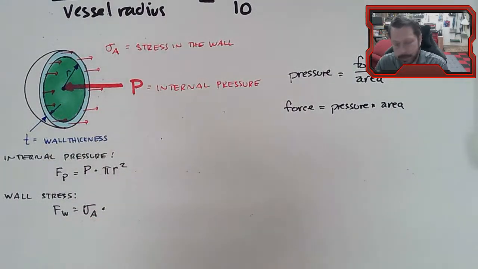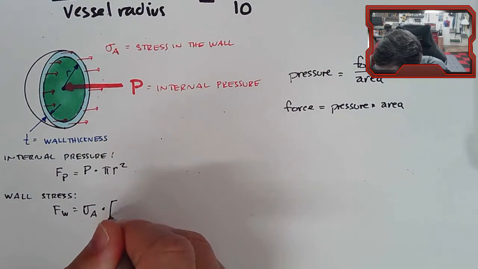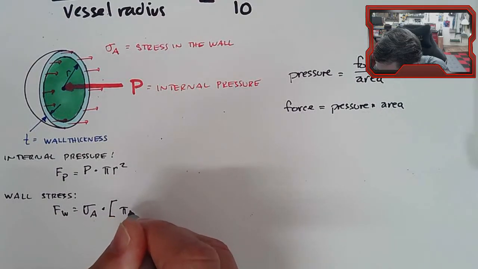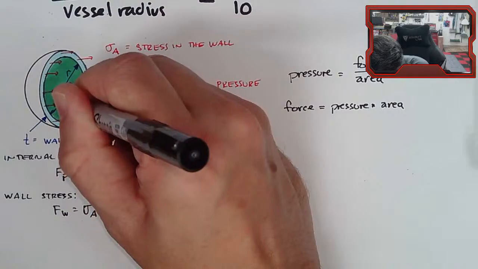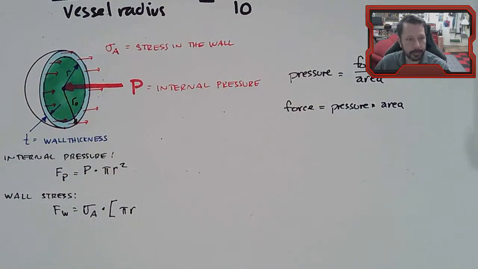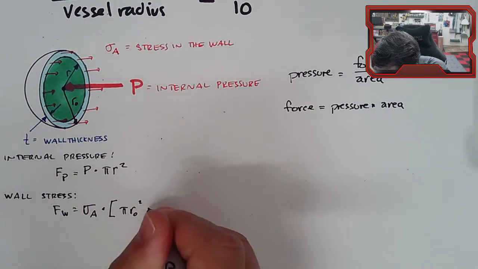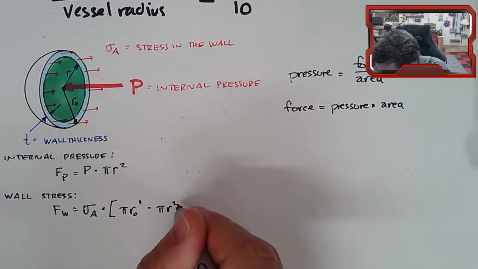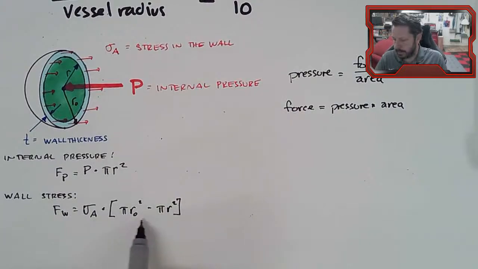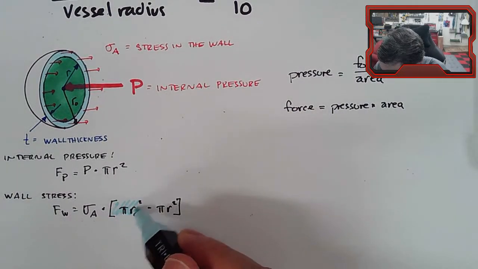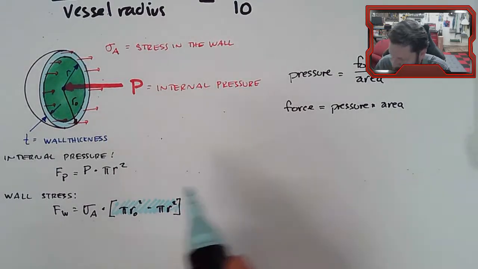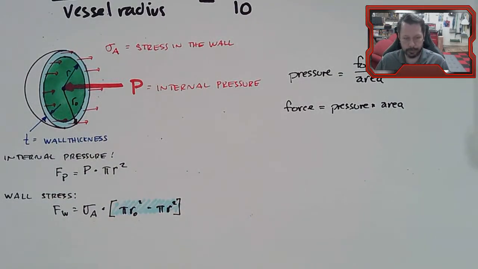So the first thing you would think is, okay, well, I could do pi, if I had an outer radius here, r0 for outer, or ro for outer. So pi ro squared minus pi r squared, that could be that area. So this term would be the area of that ring there, the blue ring.